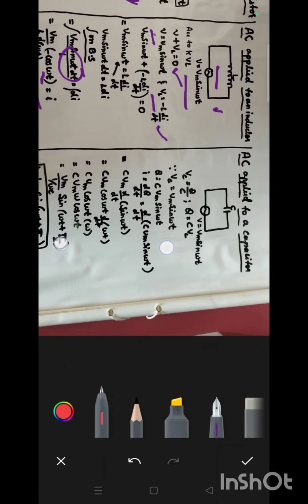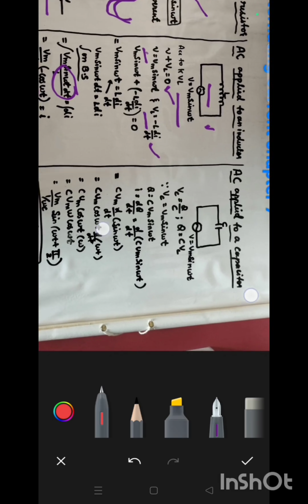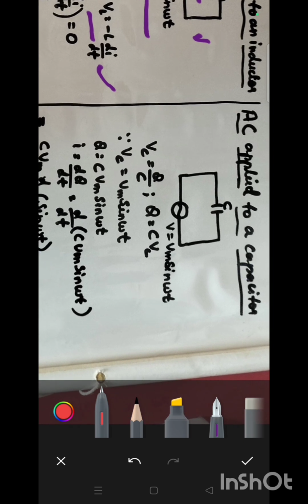Now we'll see the AC voltage applied to a capacitor. We know the voltage formula, that is V is equal to Q by C. In the same way, Vc, the voltage across the capacitor, is equal to Q by C. V is the voltage across the AC source, that is V is equal to Vm sin omega t.